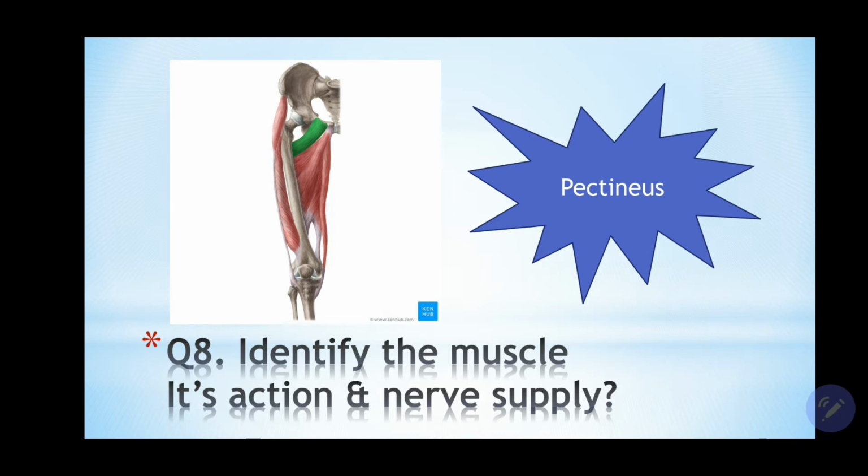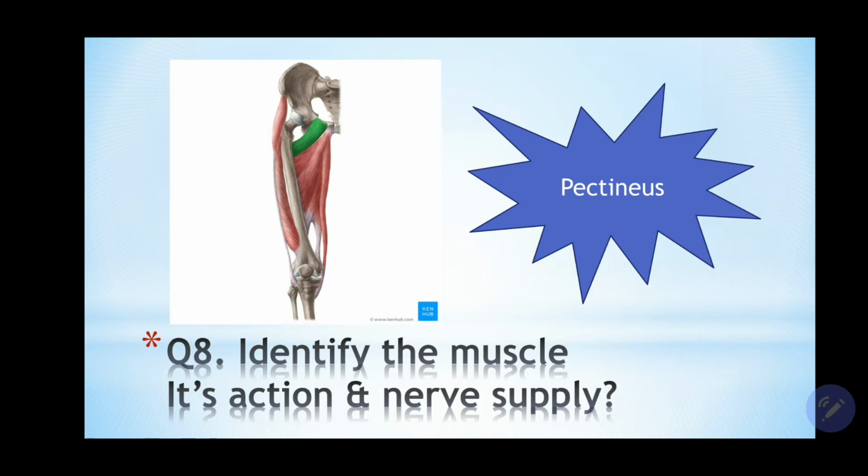Accessory obturator nerve is L3, L4 ventral division. This nerve is not always present, but if it is present, that means it is present primarily for this muscle.